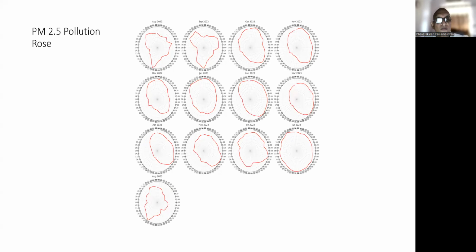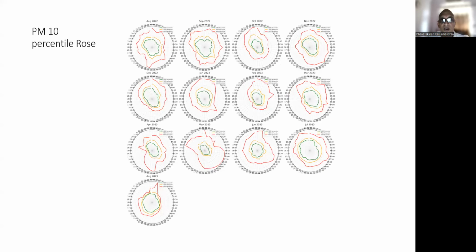The PM2.5 also shows a very similar pattern, more or less south, southeast, southwest, and southeast direction from which the pollution originated. These are all with respect to the location of the monitoring station. The meteorological directions which I am mentioning are with respect to the monitoring station at Punjabi Bagh.